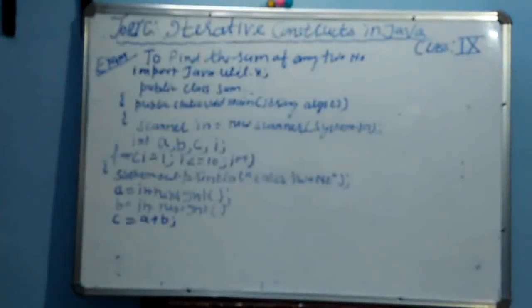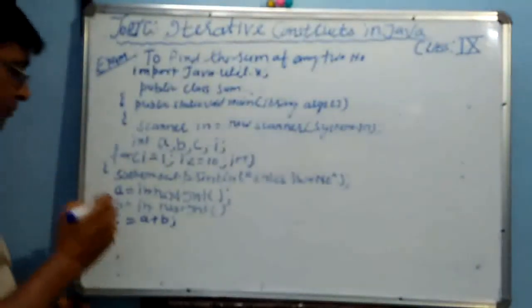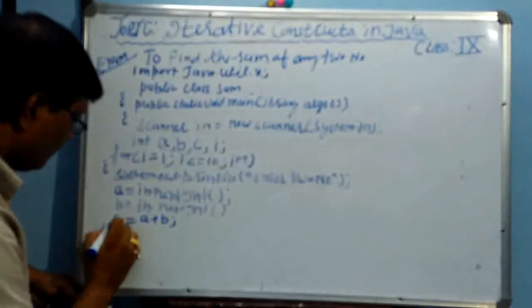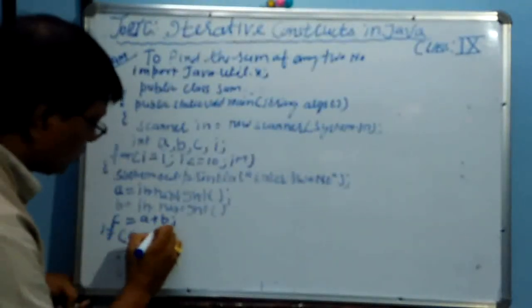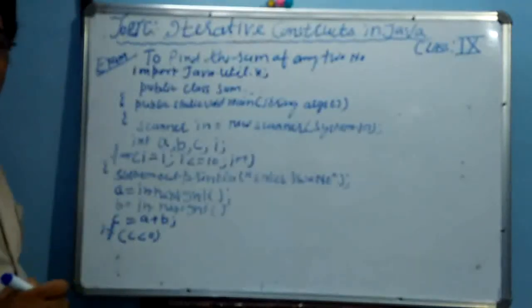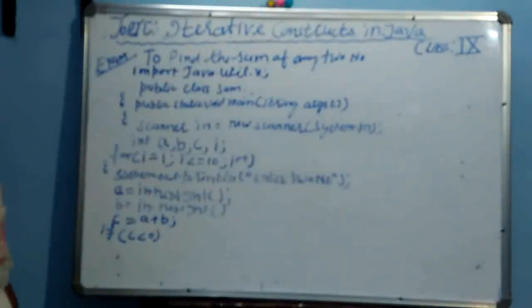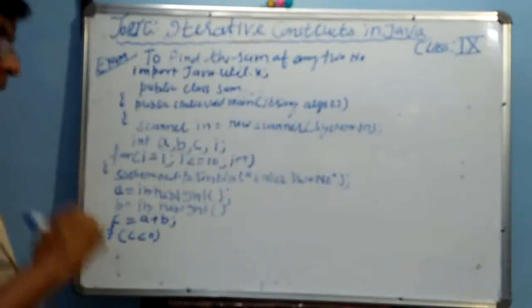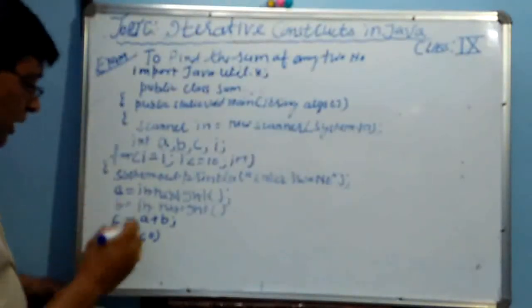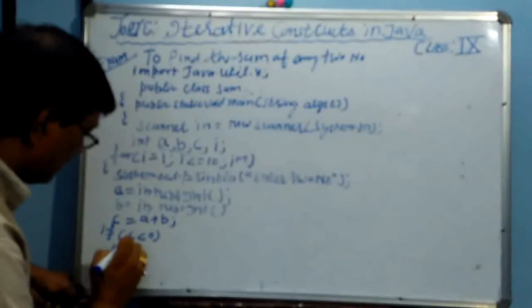Now it will check if c is less than or equal to 0. Suppose the value of c is less than 0. Then the program will break.